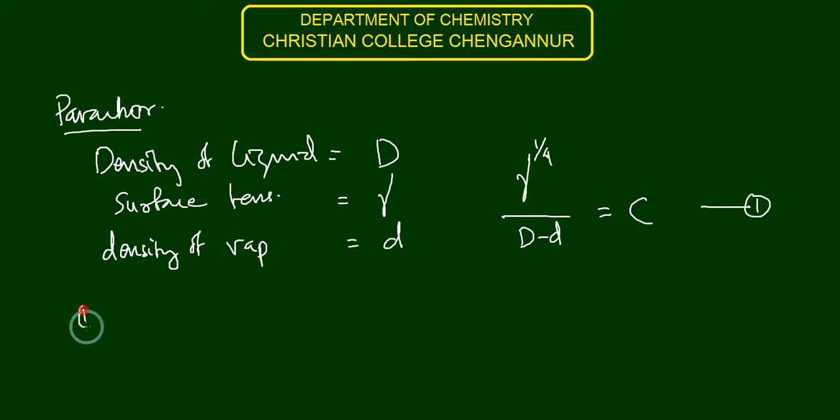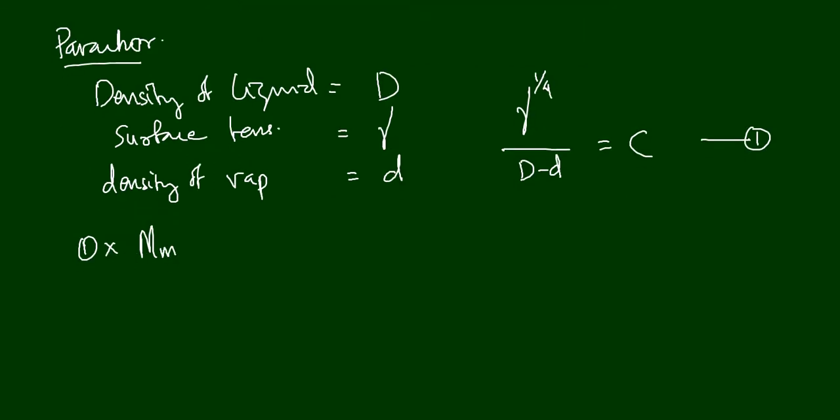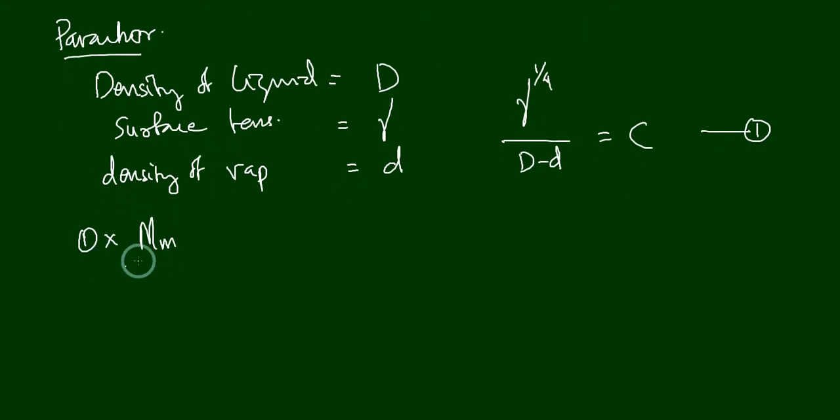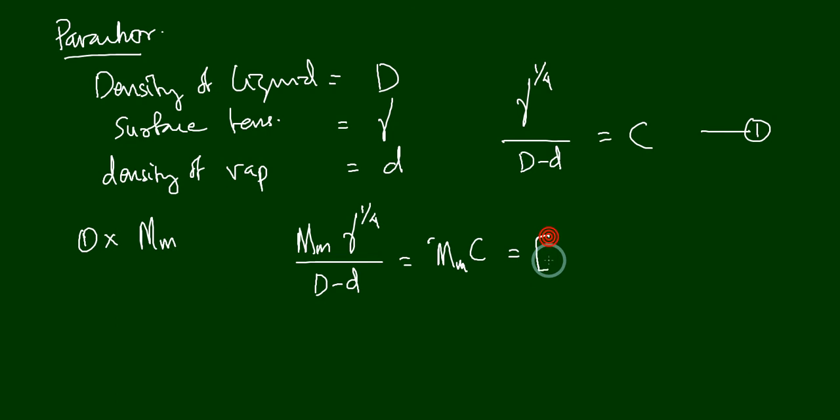If we multiply equation 1 on both sides with the molar mass M, we will get M gamma raised to 1 by 4 divided by (D minus d) is equal to M into C, and M into C can be called another parameter, and this parameter is called the parachor.